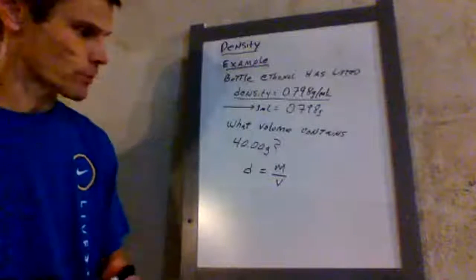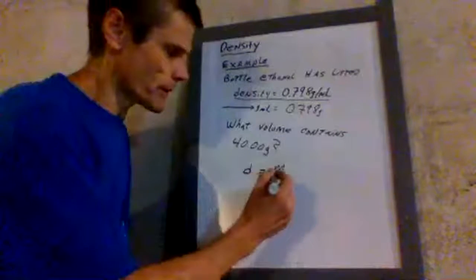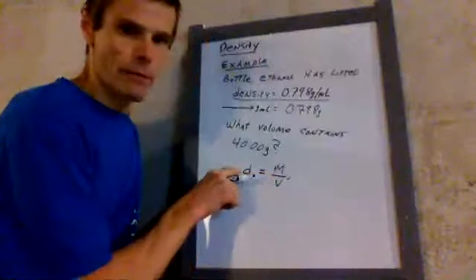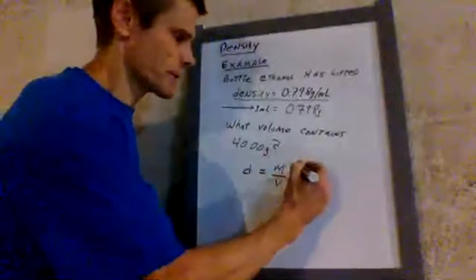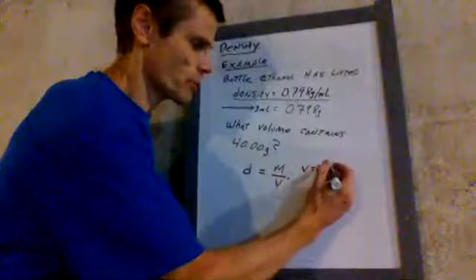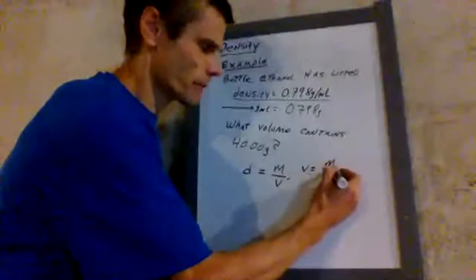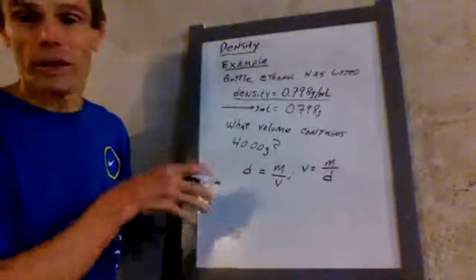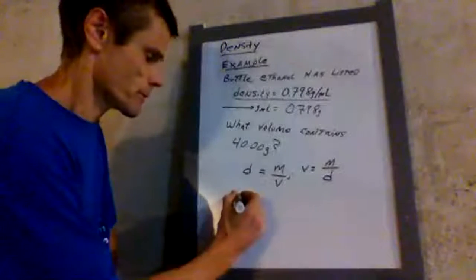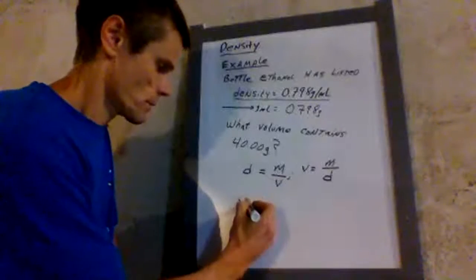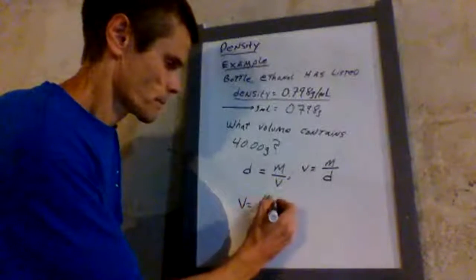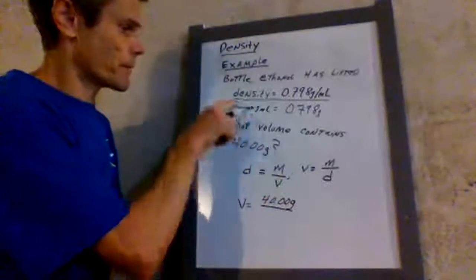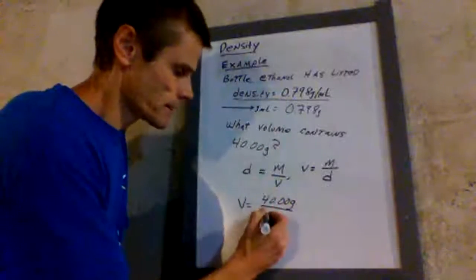We can rearrange this using a step of algebra and solve for volume, V: cross multiply, multiply each side by volume and divide by density, and we get an expression for our volume. Volume is the mass that's given divided by the density that's given. So now all we've got to do is plug our numbers in and solve for volume: 40 grams divided by the given density, 0.798.